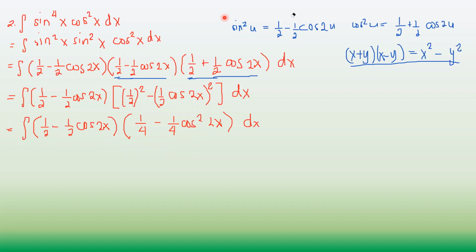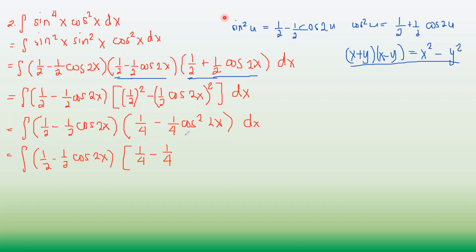Ang gagawin ko dito, papalitan ko yung cosine squared agad. Kasi squared yan, palitan ko agad siya ng 1/2 plus 1/2. So, possible din yun. Okay, so we will have the integral of quantity 1/2 minus 1/2 cosine 2x times, dito ako 1/4 minus 1/4.